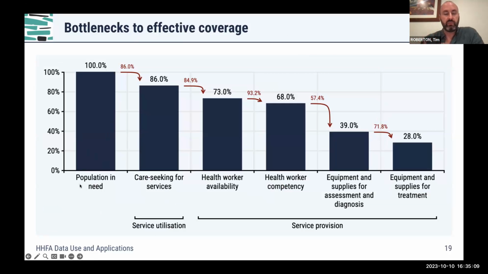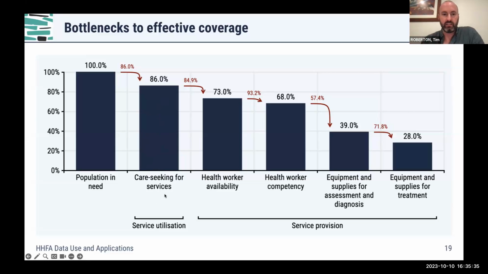If we're talking about maternal health services, that might be women of reproductive age or pregnant women. If we're talking about children, it might be all children under 5. In other words, we have a certain population. Then we assume that for all kids who are sick or mothers who potentially need obstetric care, we have a certain proportion of those who seek care for services.